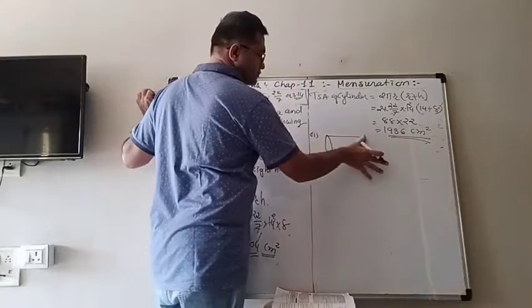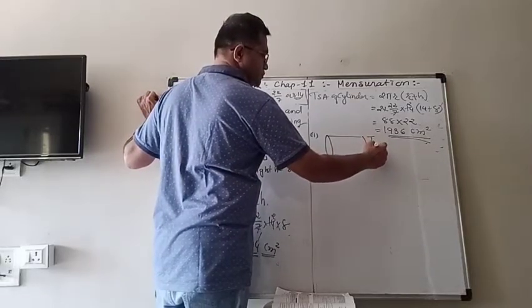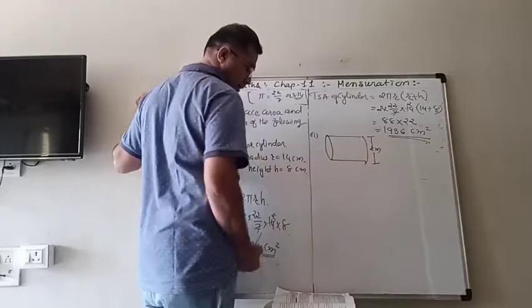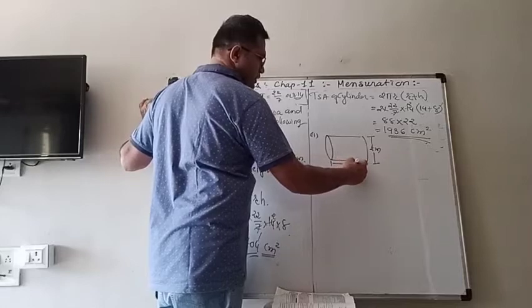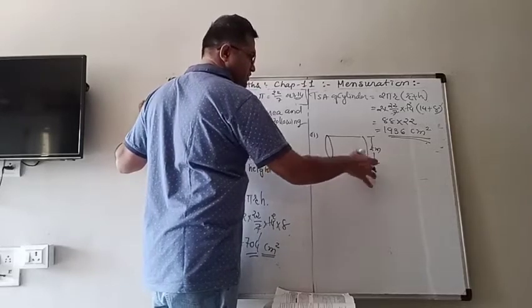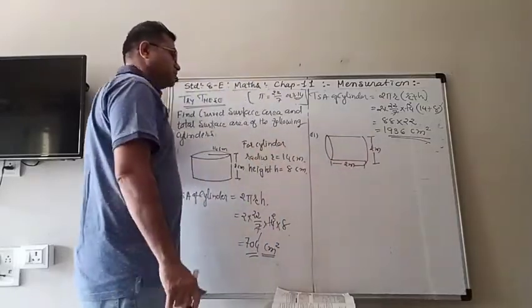And here 2 meter is given, and the height is also 2 meter. Here this is not the radius, this is the diameter given and height is there.